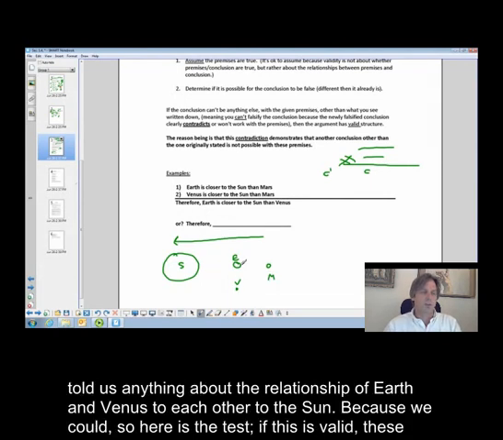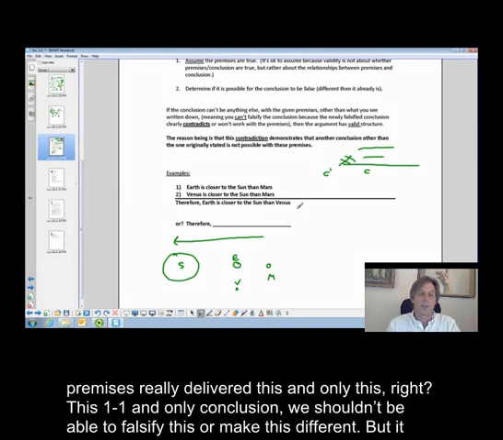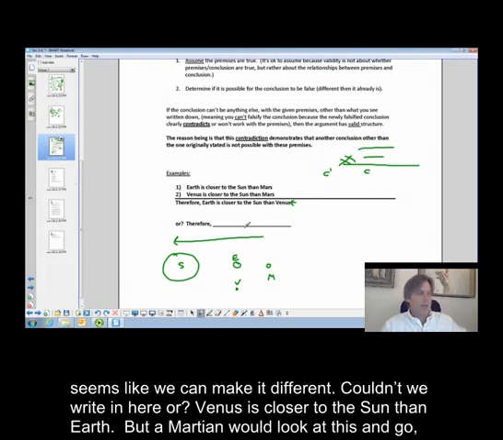But it hasn't told us anything about the relationship of Earth and Venus to each other, to the sun. So here's the test. If this is valid, these premises really deliver this and only this, right? This one and only conclusion, we shouldn't be able to falsify this or make this different. But it seems like we can make it different.